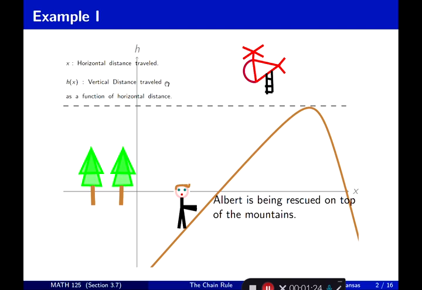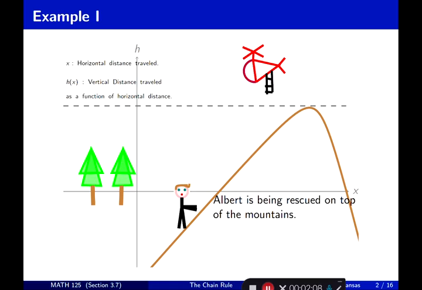X is the horizontal distance that he travels, and H is the vertical distance with respect to the horizontal distance that he is traveling. Basically, it tells you about the slope of the mountain a little bit. He knows his speed of climbing, and he knows where he is, but he can't communicate with the pilot. The pilot looks down, and he's basically a flat earther. He sees just the above perspective of the entire story.